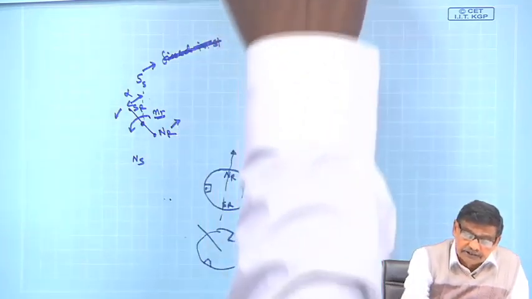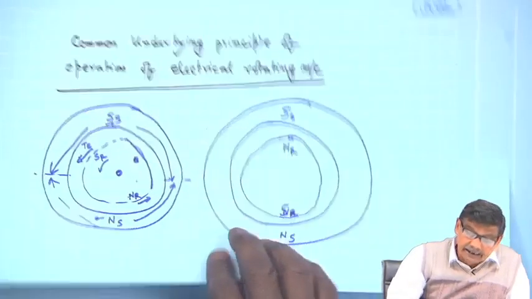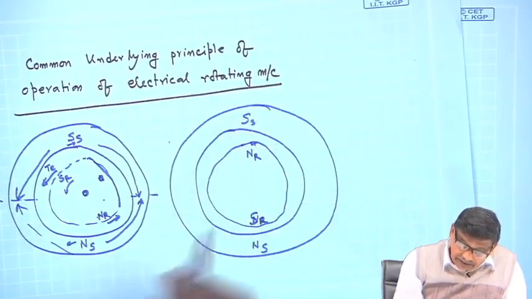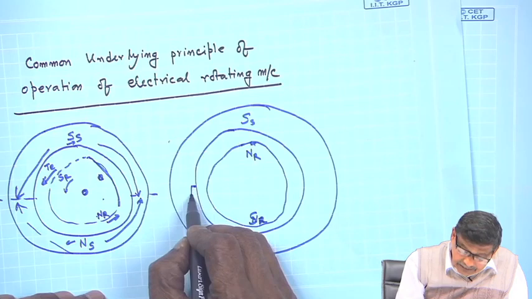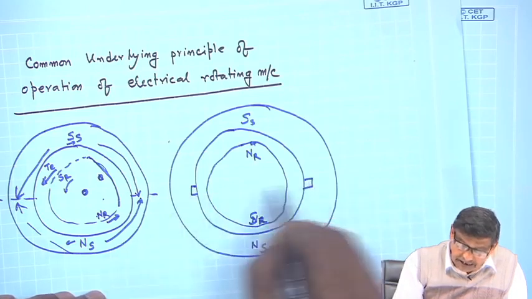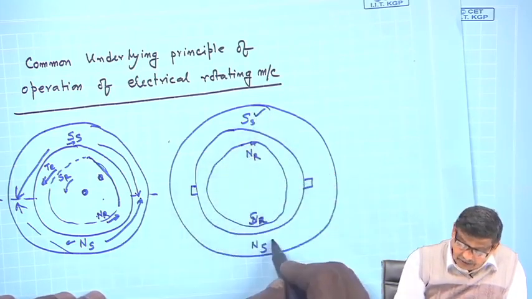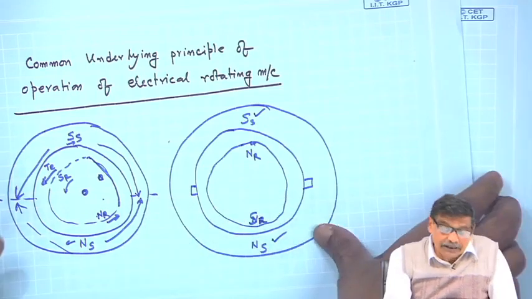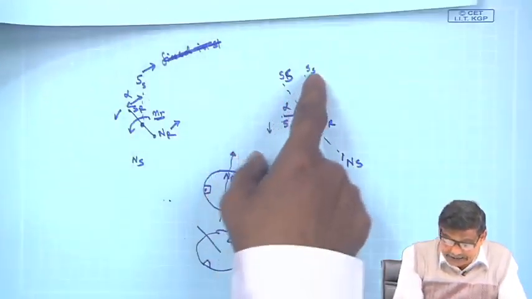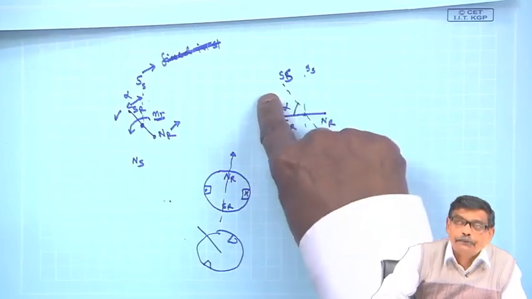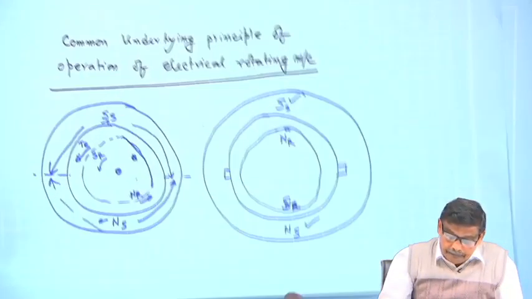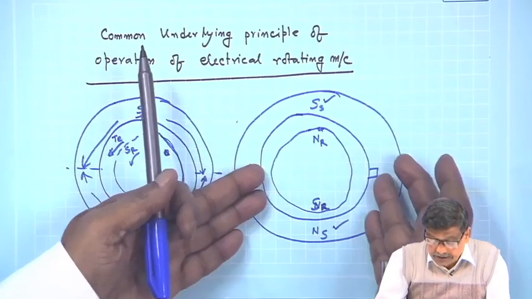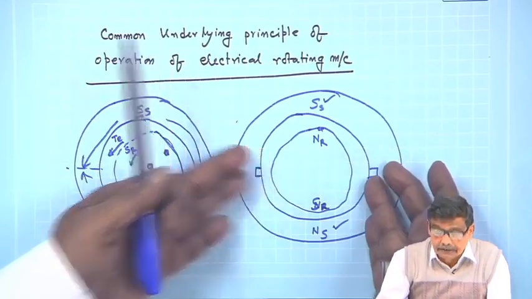For example, stator poles, examine that Ss Ns, and I told you this Ss Ns can be created by two slots carrying current, Ss and Ns. Concentrate on this. I am now telling on one hand that Ss Ns too should be moved by the same amount, and I am telling the stator is not allowed to move, stator conductors are all stationary.